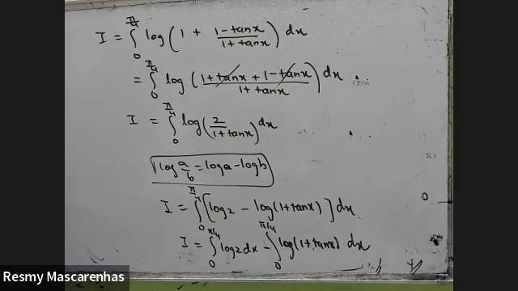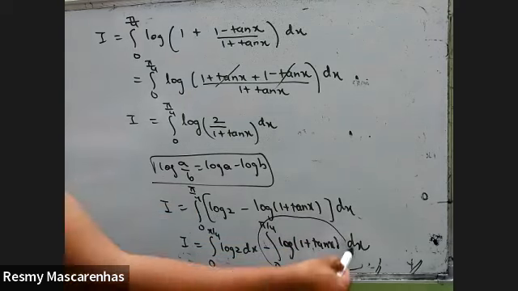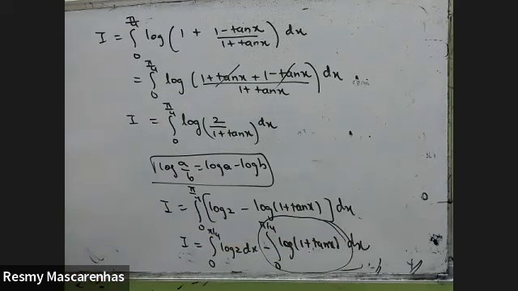If you notice, look at your equation 1. What was the question given? In the question itself, it was this. This is back. You ended up back to your main question. So instead of this, I can use I here.